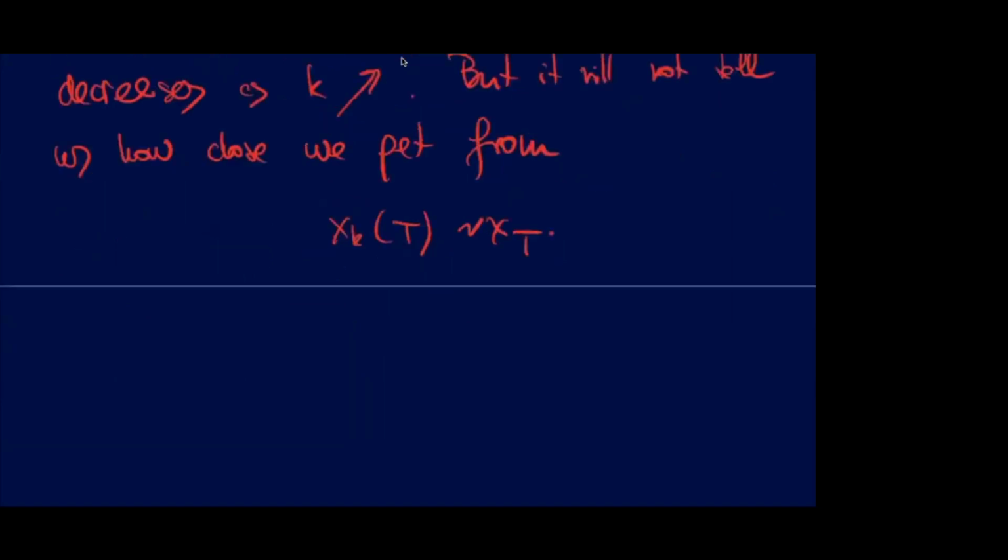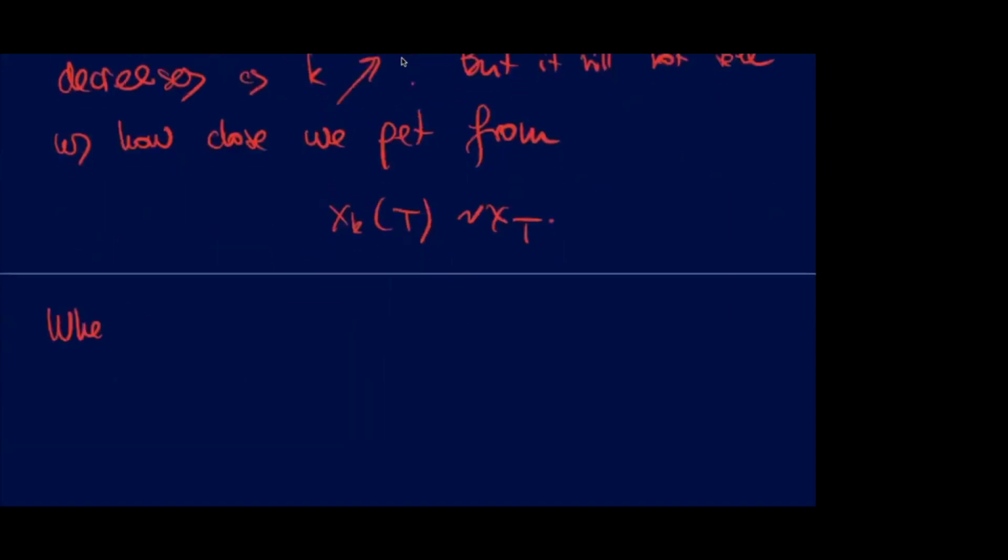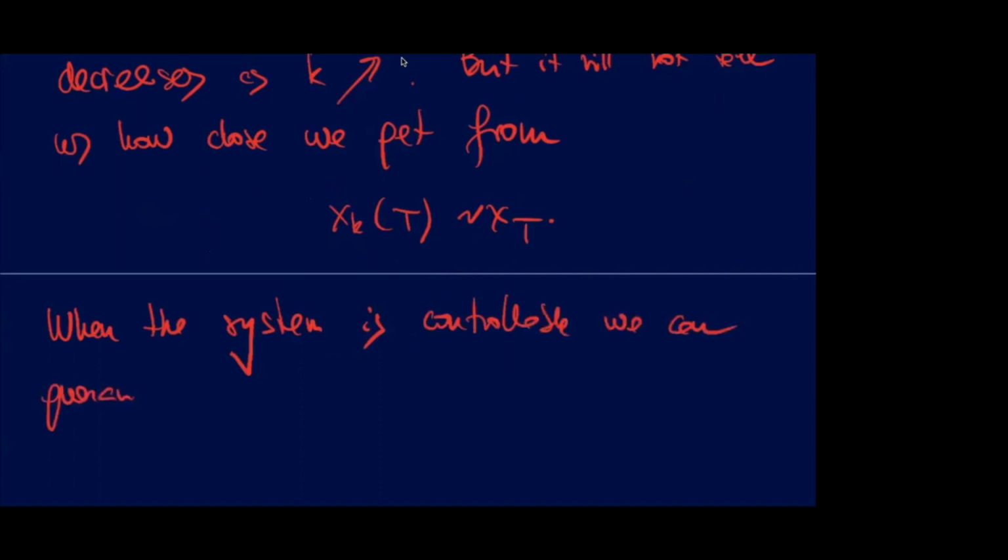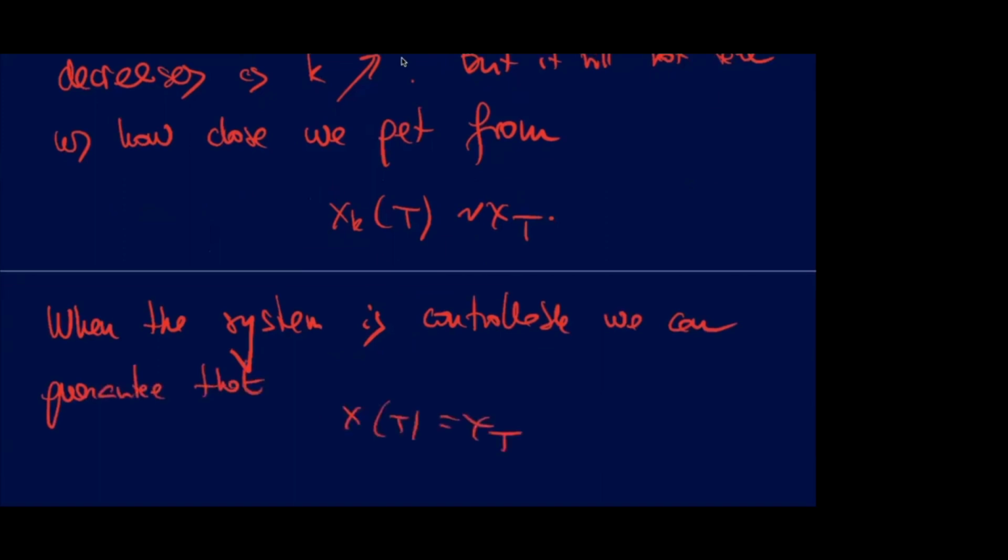Of course, when the system is controllable, we can guarantee that the condition can be achieved.